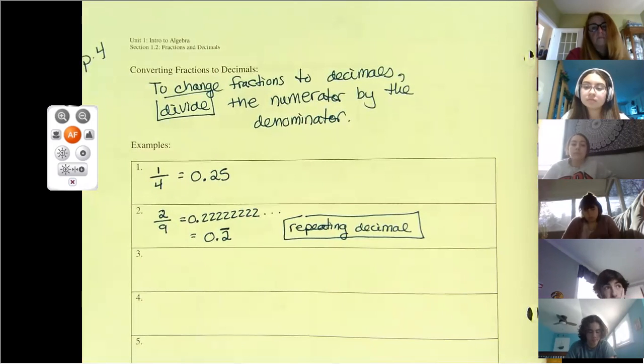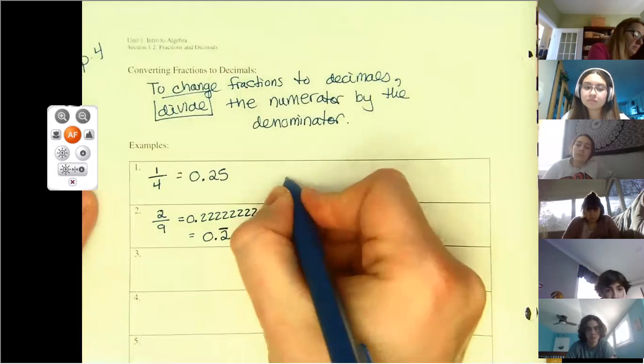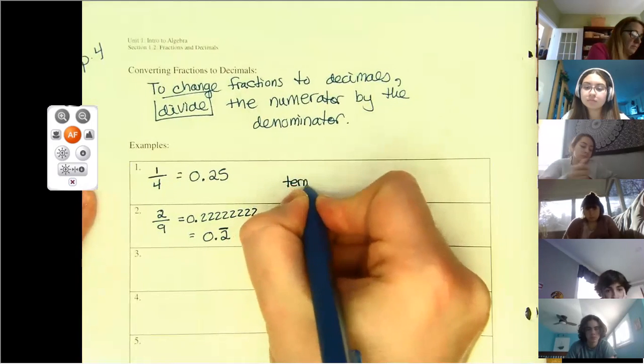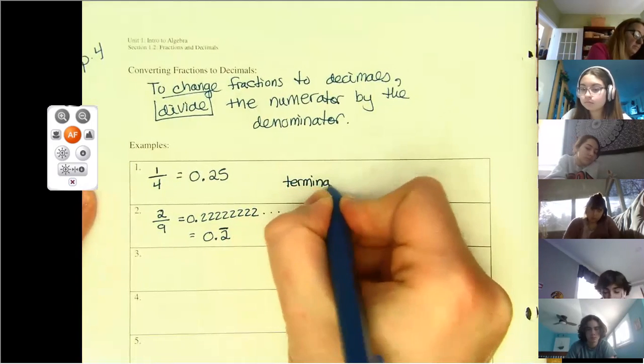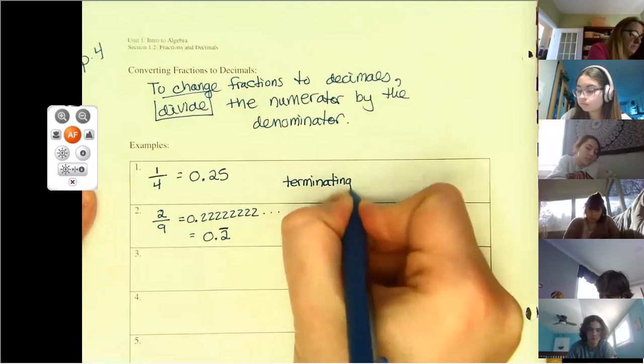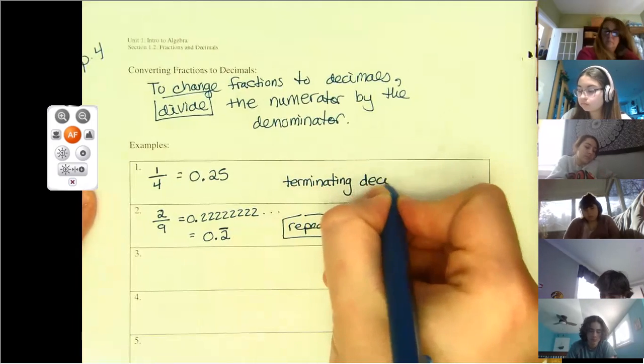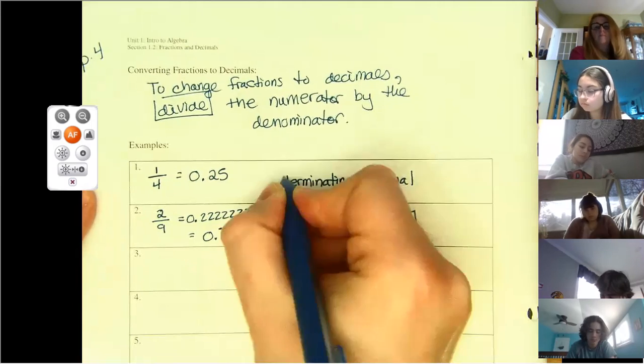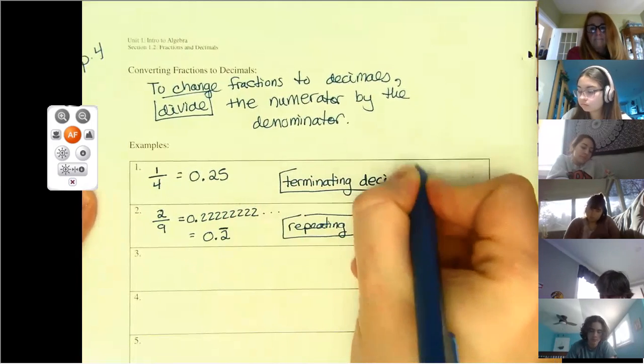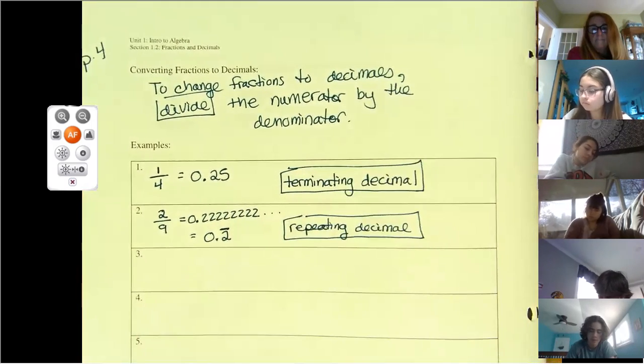And the name we would give number 1 is a terminating decimal. To terminate is a fancy word for to stop. This is a decimal that just stops. I'm going to call number 1 a terminating decimal. Number 1 is a terminating decimal.